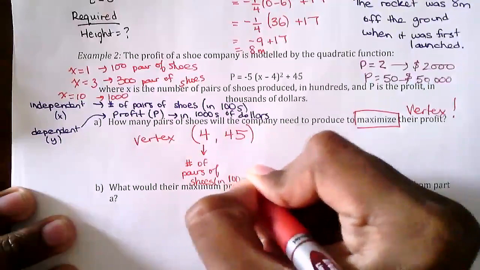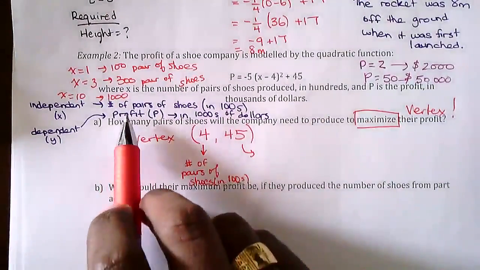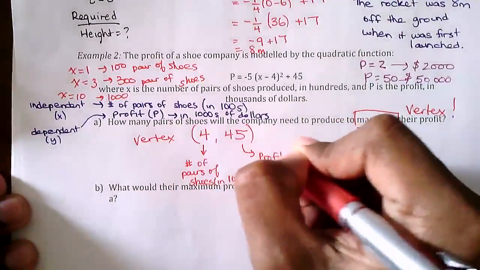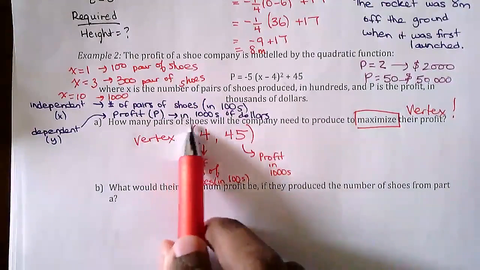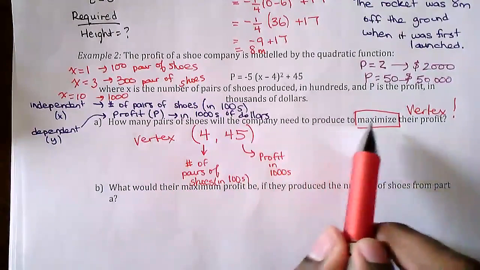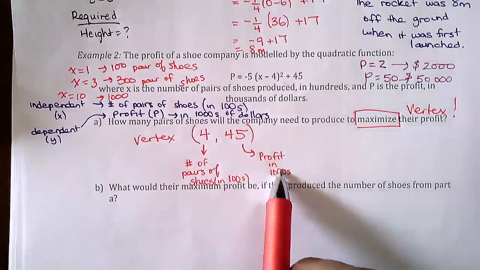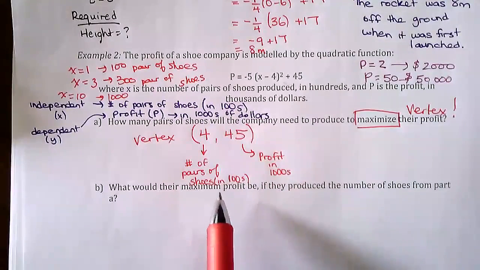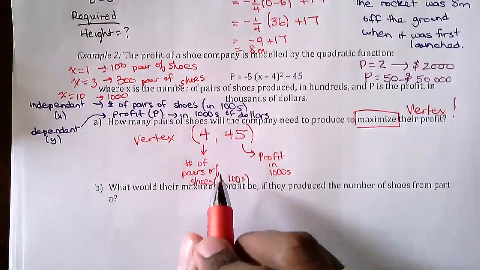And this represents the y variable, the profit in thousands. So the question is, how many pairs of shoes will the company need to produce to maximize the profit? Well, we know this is the maximum profit because that's the maximum value, and this represents the number of pairs that must be sold to reach that maximum. Again, be careful.